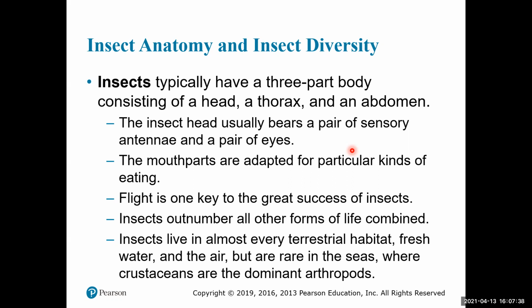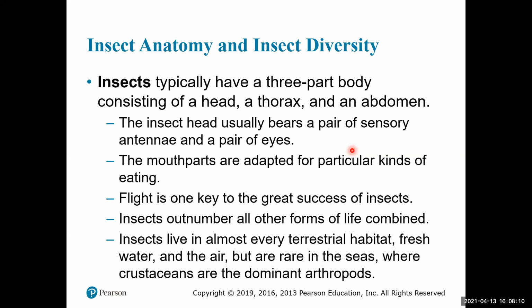One of the key factors that have allowed insects to be super successful is the fact that a lot of insects can fly. And that has allowed them to not only occupy terrestrial and aquatic environments, but it's also added a 3rd dimension and allowed them to occupy the upper environment that you only could reach if you were able to fly, the arboreal environments, and actually traversing from those environments.